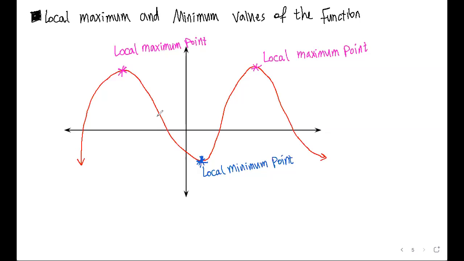Okay. Let me give you an example of how to find the maximum and minimum. Does it make sense how to find the local points from the graph? Is it clear? Again, this is my x-axis, and this is my y-axis.